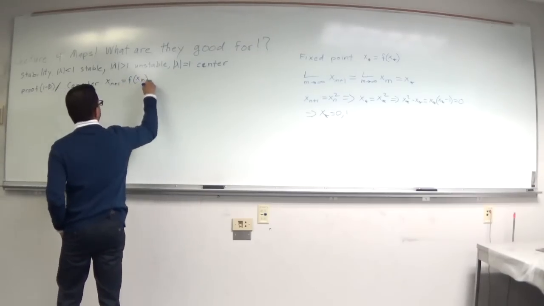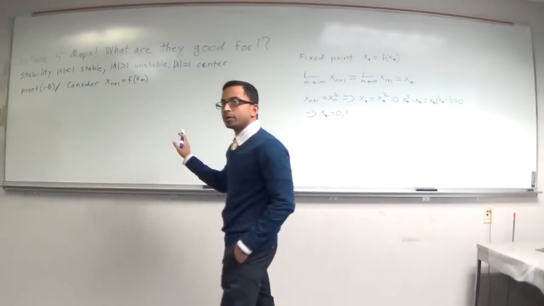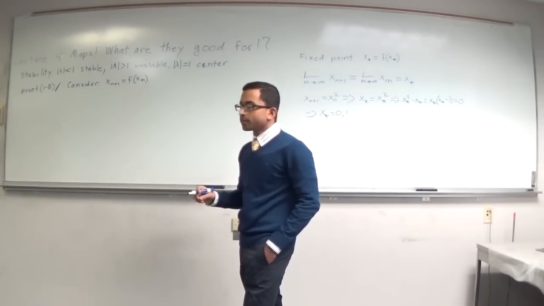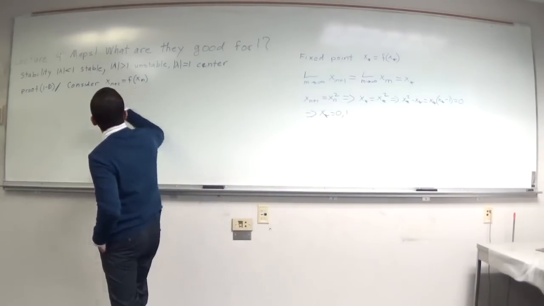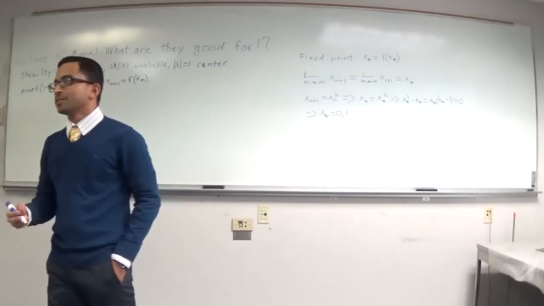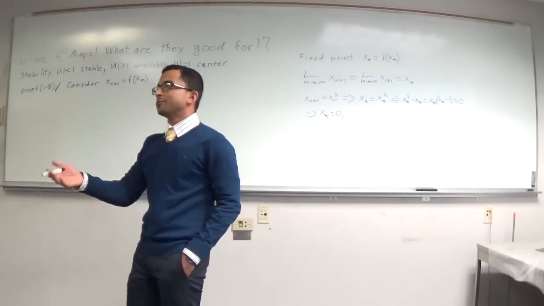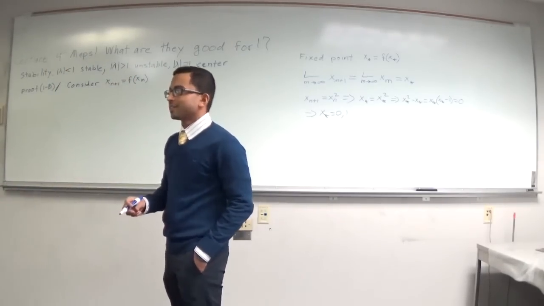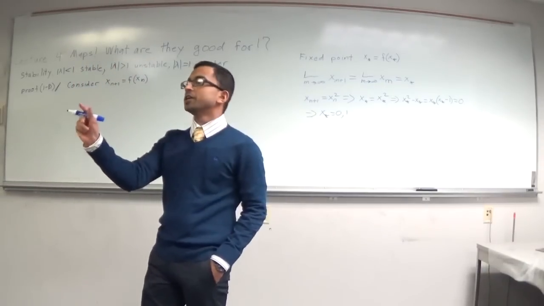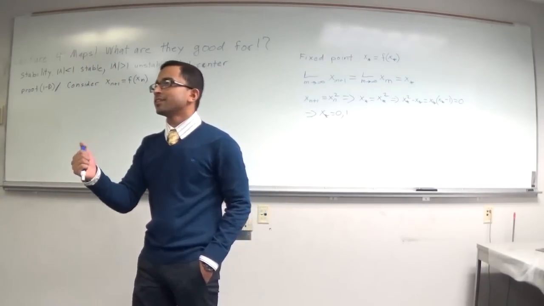So consider that. That's just a map in 1D, with x in R. Now what do we want to do for stability? We know what stability is, so how do we write that? You said if we start near a point, so what does near mean?